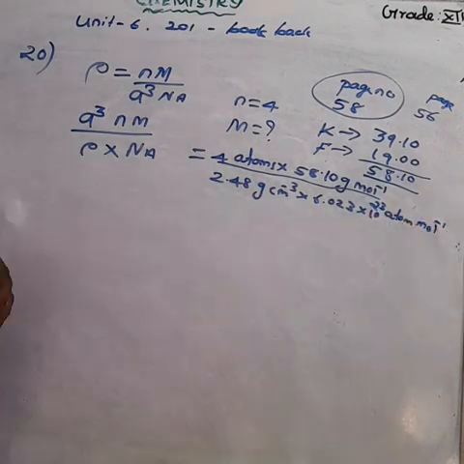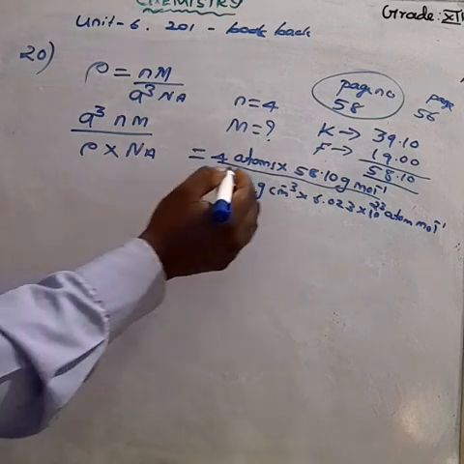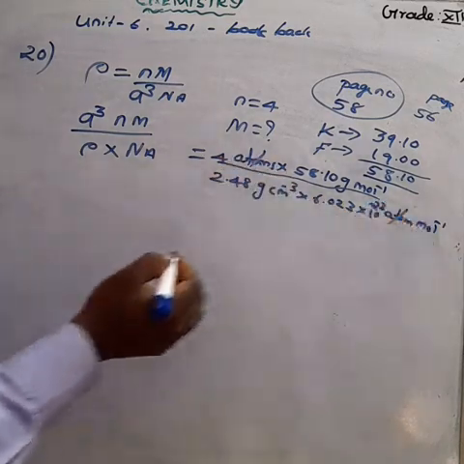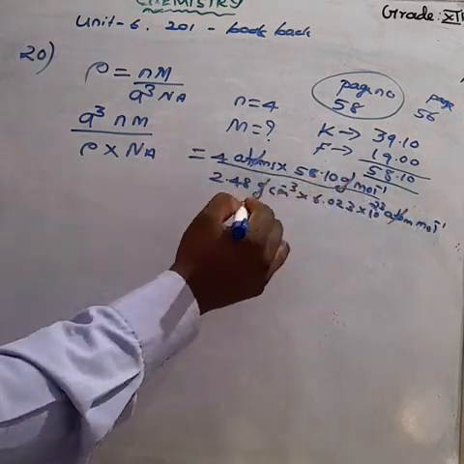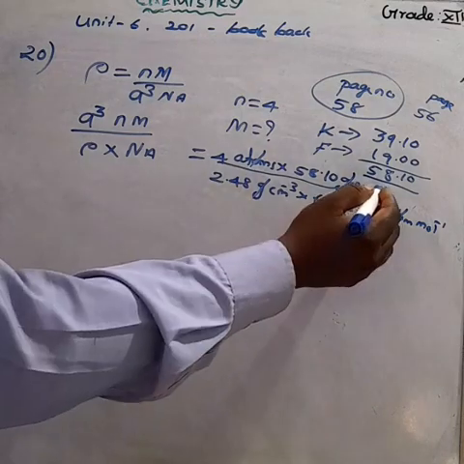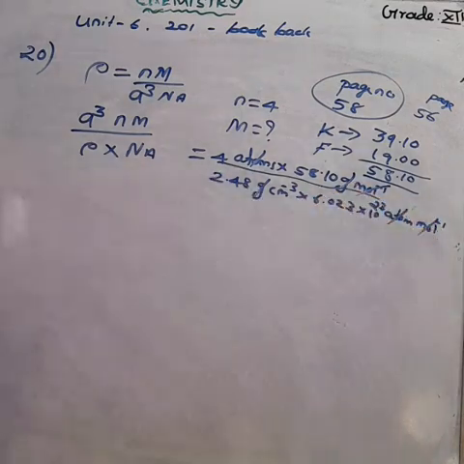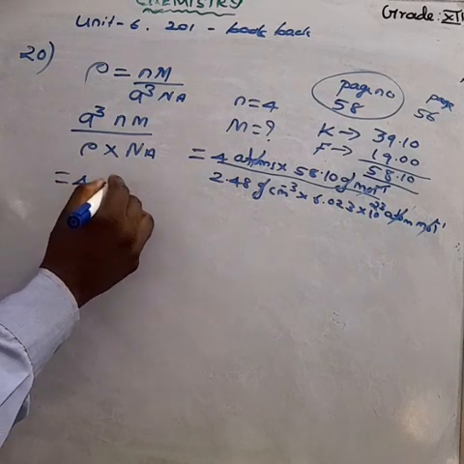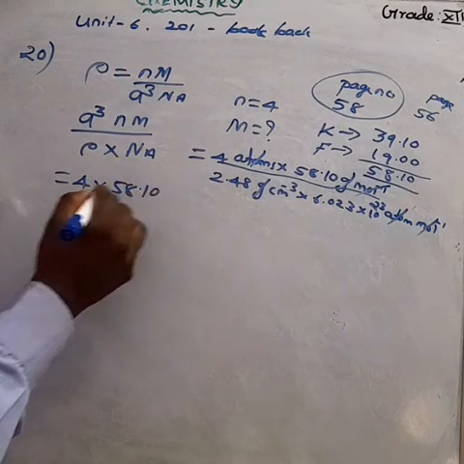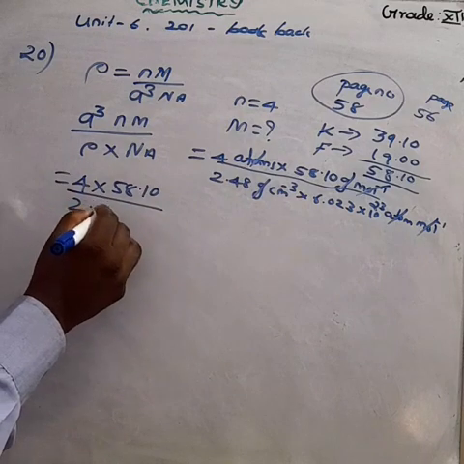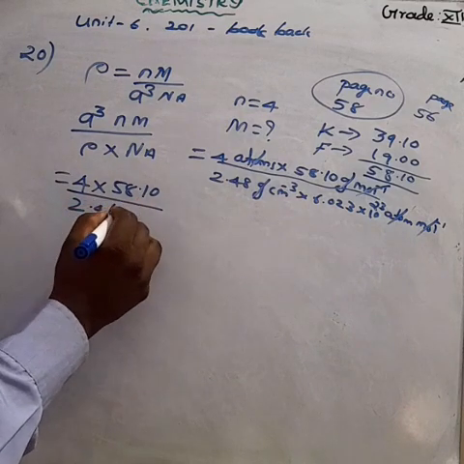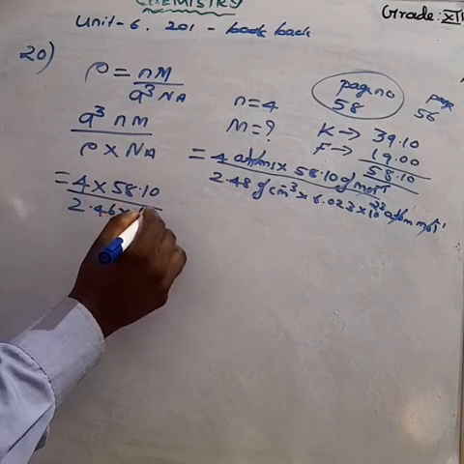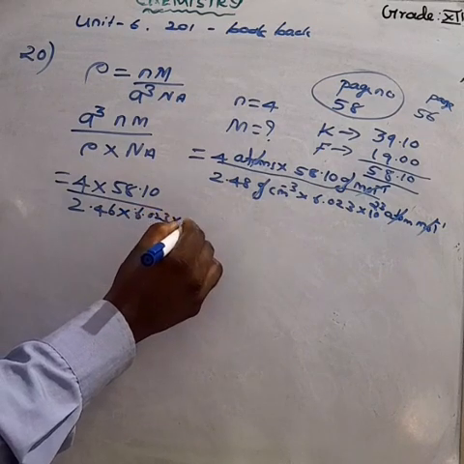Now, which units can be cancelled? Atoms can be cancelled. Gram can be cancelled. Mole inverse can be cancelled. What remains here is 4 into 58.10 divided by 2.48 into 6.023 into 10 raised to 23 centimeter raised to minus 3.